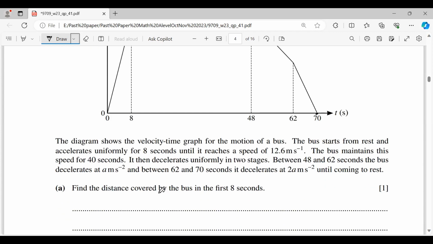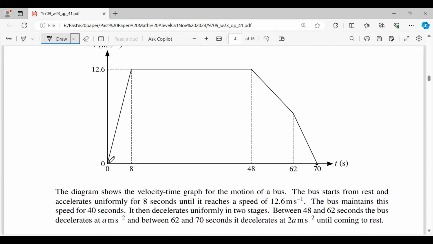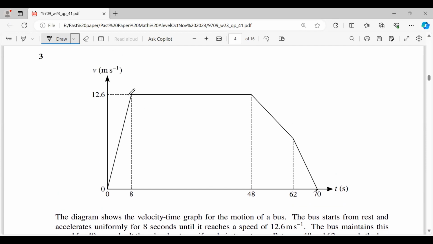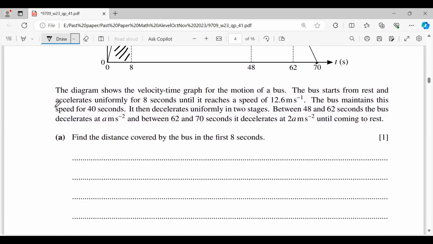Find the distance covered by the bus in the first 8 seconds. In the first 8 seconds, the bus goes from the initial point until 12.6 meters per second, as long as 8 seconds. So we are going to calculate this area, a triangle.